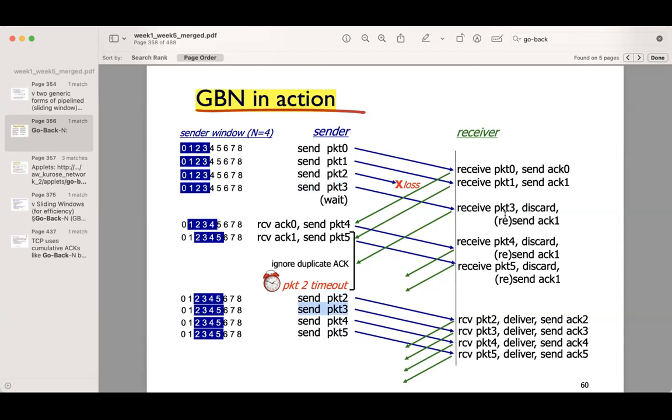Because on the server side, it will discard it. We will not save it in the cache or anywhere else. We will just drop it. And that's the reason why we need to send them all. So you can see this protocol is pretty simple and easy.